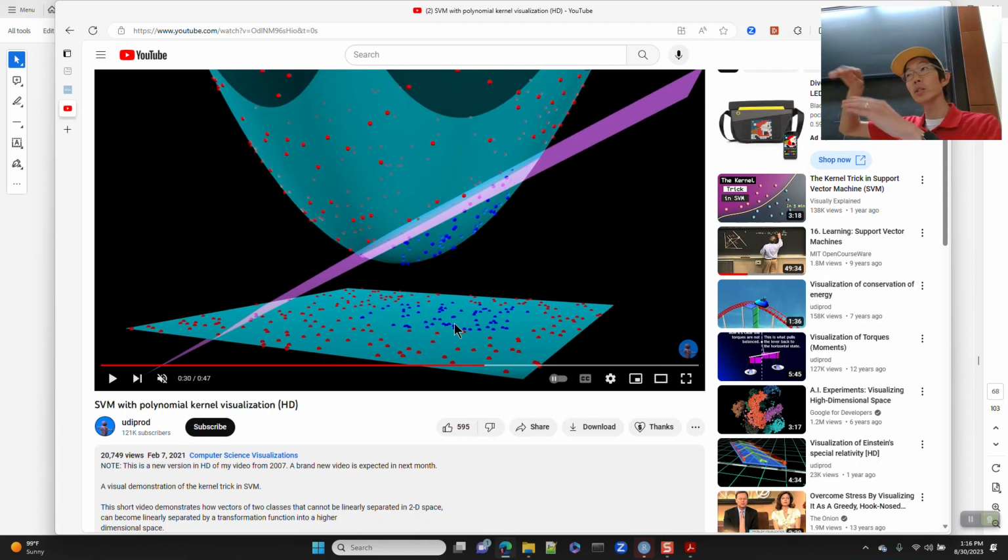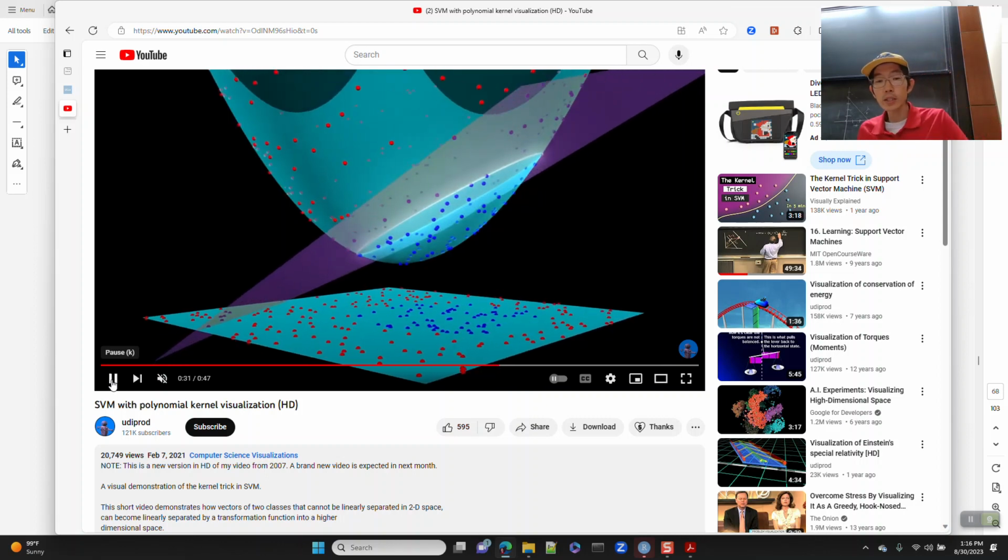When it was in 2D, there was no single straight line that was able to separate the blue from the red. But now that we've transformed it into 3D, we have a plane in 3D space that is able to separate the blue from the red.